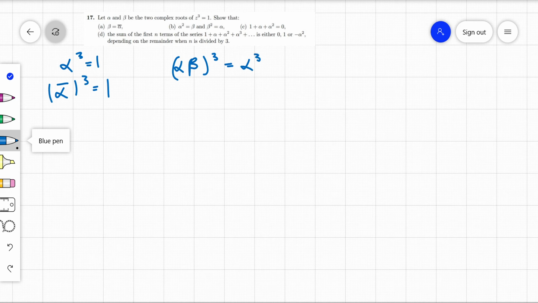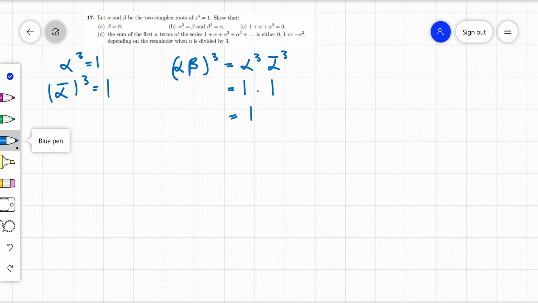Now beta is just the conjugate of alpha, so that is alpha cubed times the conjugate of alpha cubed, and that has to, of course, equal 1, because we know alpha cubed is 1 and the conjugate of alpha all cubed is 1, so 1 times 1 is 1.